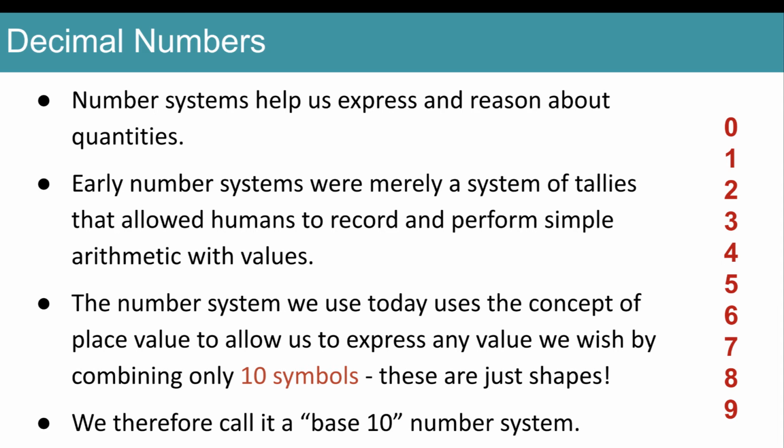And these are just shapes. Instead of circles and squares, we're just going to use 10 different shapes, right? 0 through 9. Someone just arbitrarily decided that this shape would represent a 0, and this shape down here would represent 9. And because there are 10 different symbols, we call this a base 10 number system or decimal.